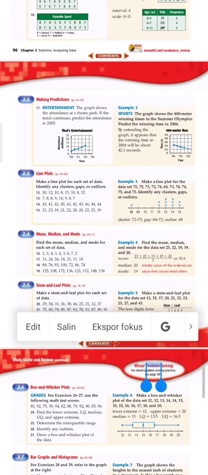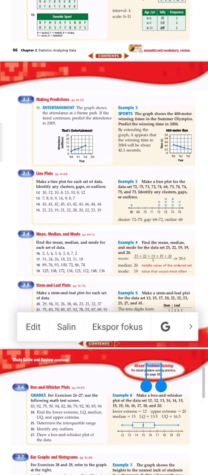The graph shows the 400 meter winning times in the Summer Olympics. Predict the winning time in 2004. By extending the graph, it appears that the winning time in 2004 will be about 42.1 seconds.